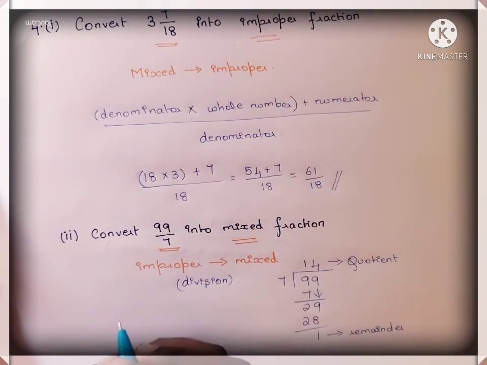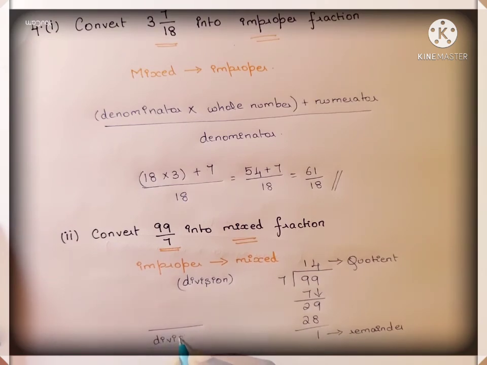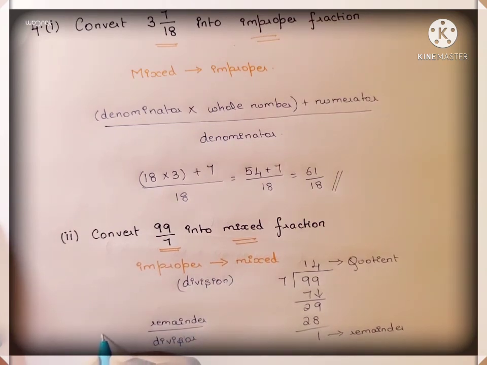So now, how do we arrange these in the form of a mixed fraction? It is very simple. In the place of the denominator, we need to write the divisor, which is 7 in the given question. And in the place of the numerator, we need to place the remainder.